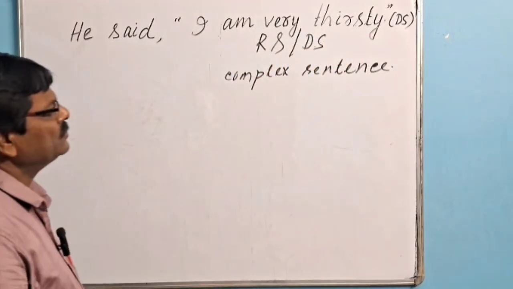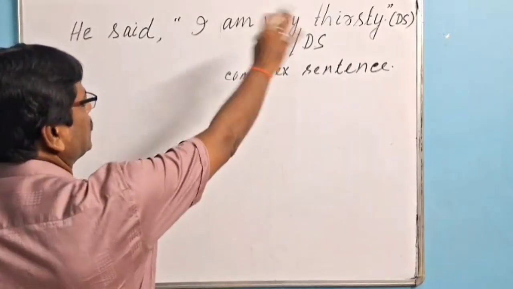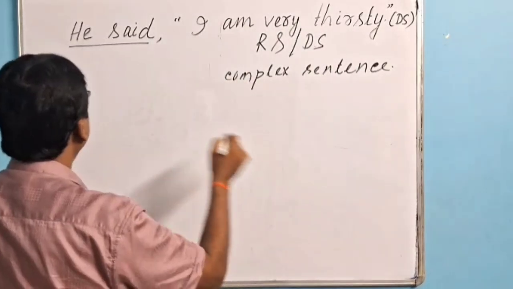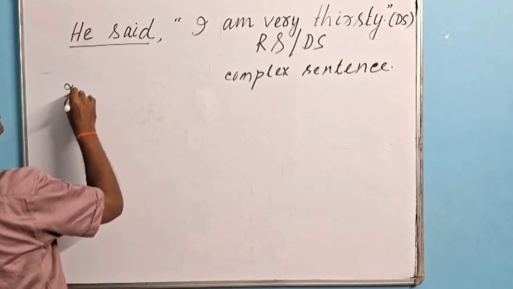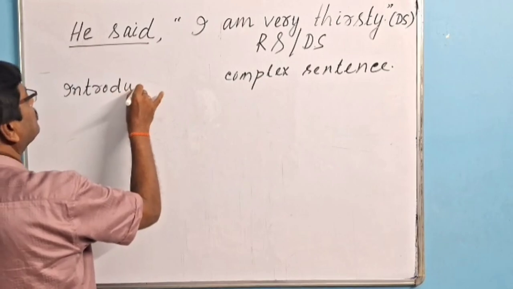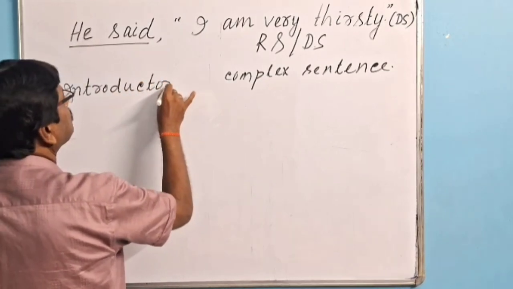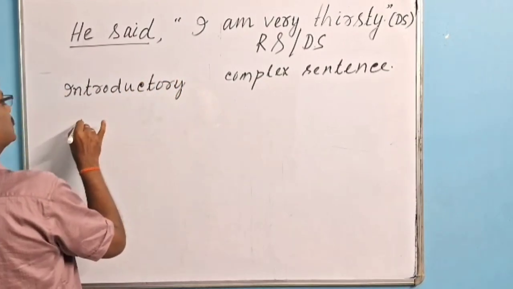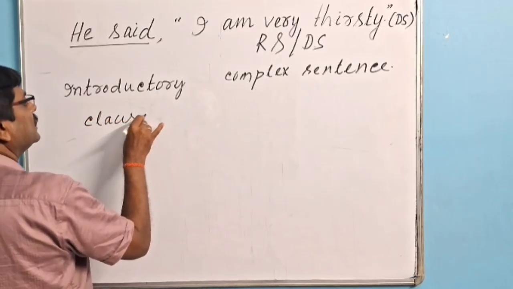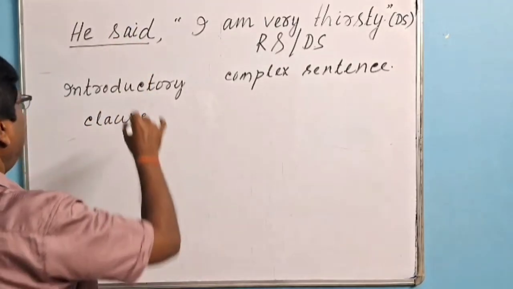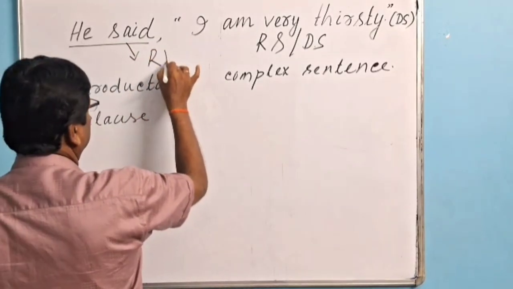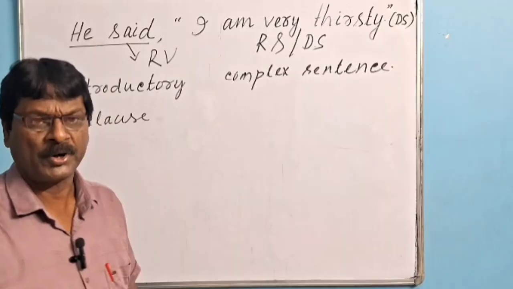And the portion outside the quotation mark is called the introductory sentence or introductory clause, and this verb is called RV, I mean a reporting verb.